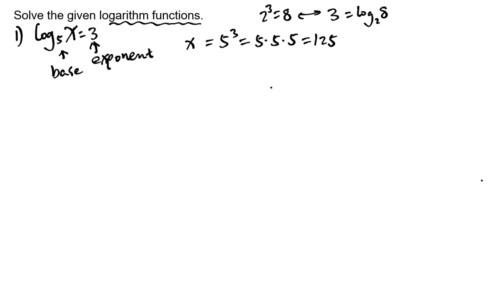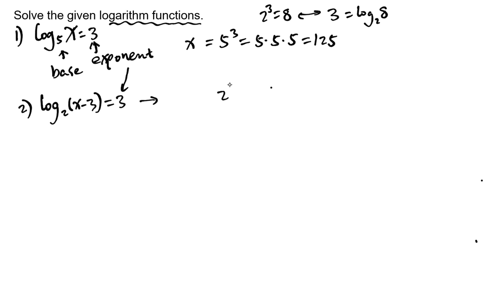Quite easy. Now, question 2. Here we are given log base 2 of x minus 3 is 3. Then, by a similar token, the base is the base. Here is the exponent as well.